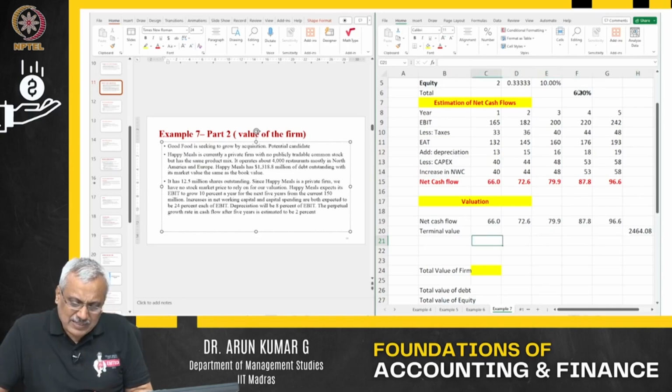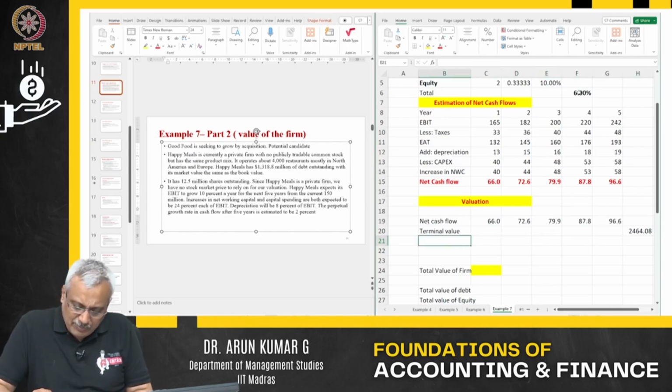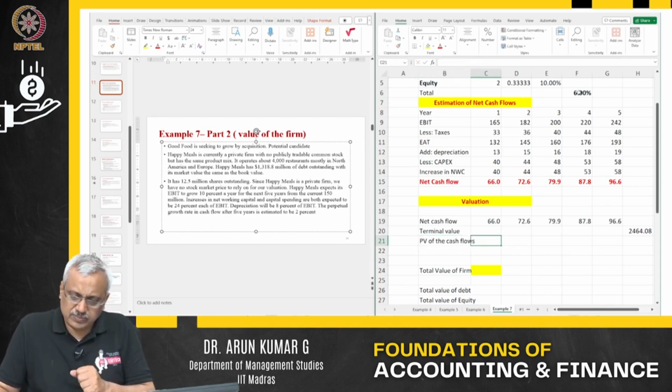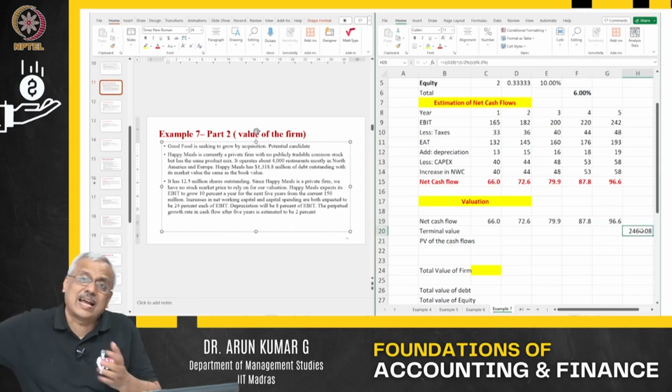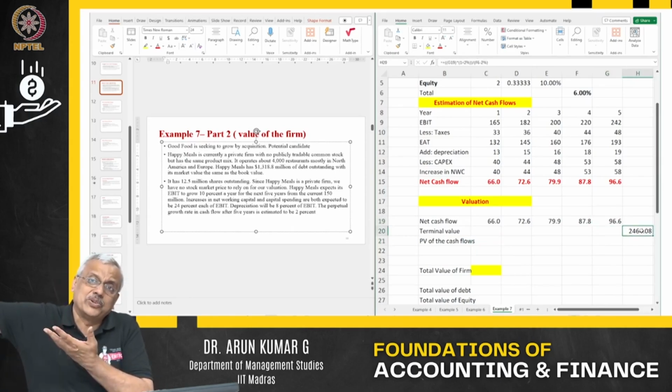Now let me find the present value of all this. Let me find the PV of the cash flows. This is the terminal value of the cash flow as on year 5, because I have used the last year's cash flow for time immemorial, and it is going to continue to grow at 2%.